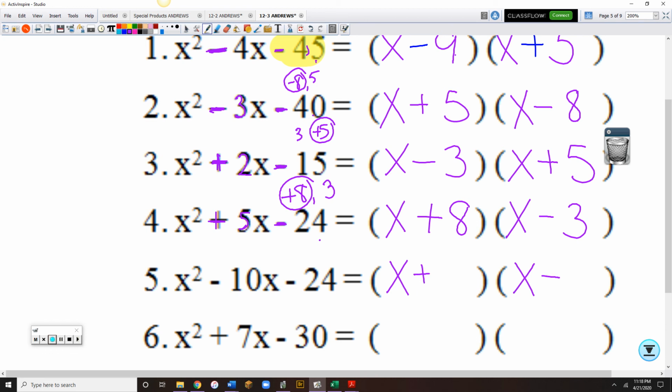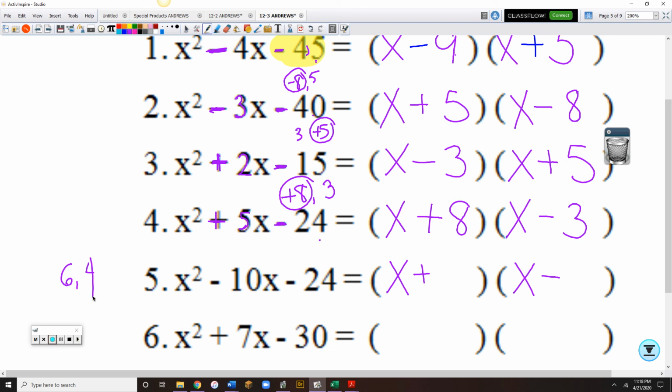Multiplies to 24, subtracts to 10. Y'all, this is tricky, okay? Because maybe you're thinking about 6 and 10. 6, or not 6 and 10, 6 and 4, sorry. 6 and 4. Yep, they do multiply to 24.